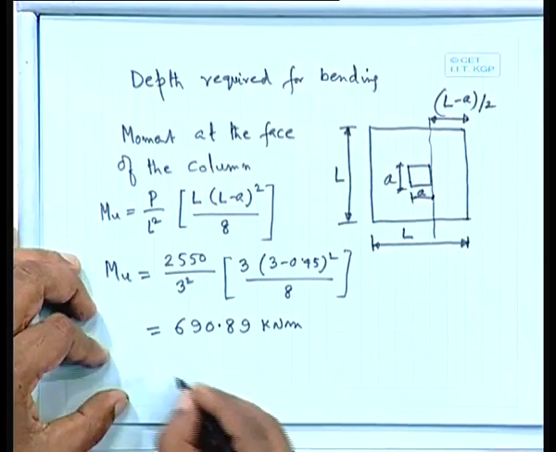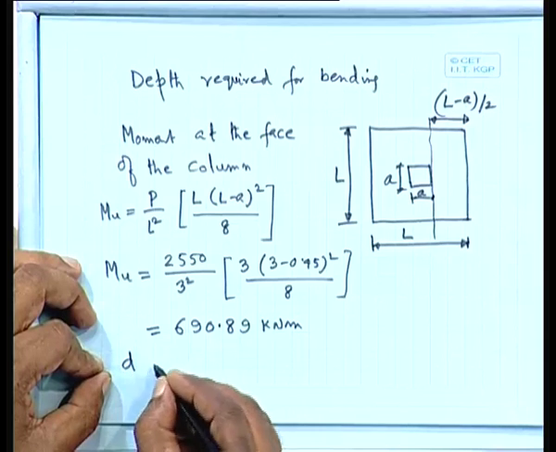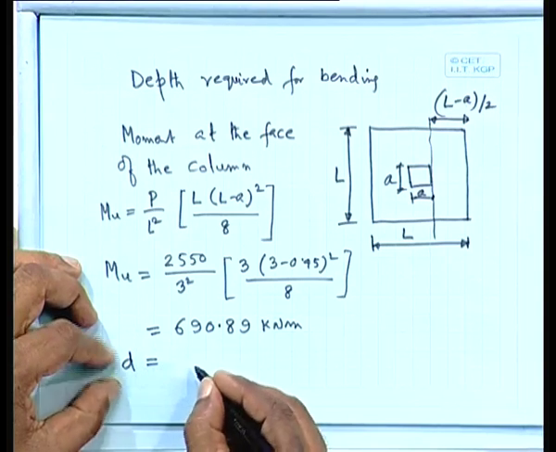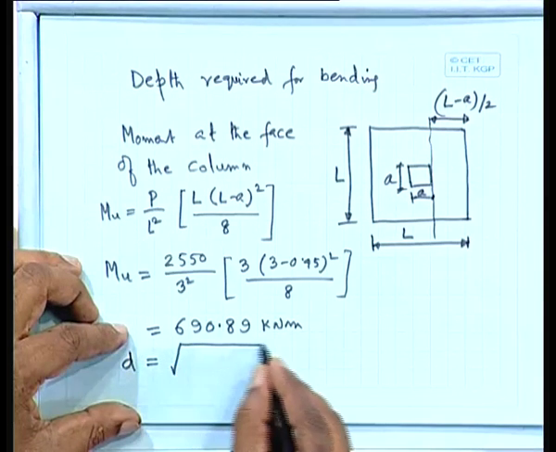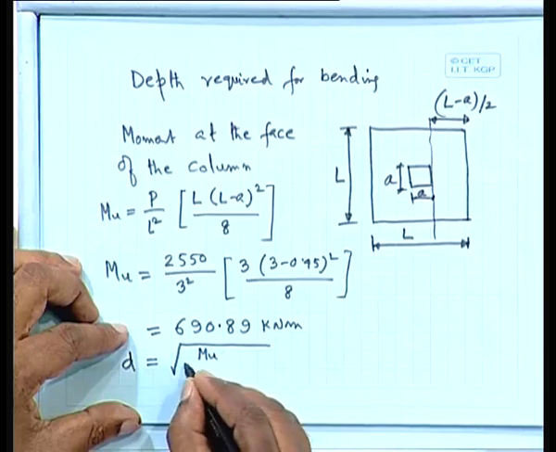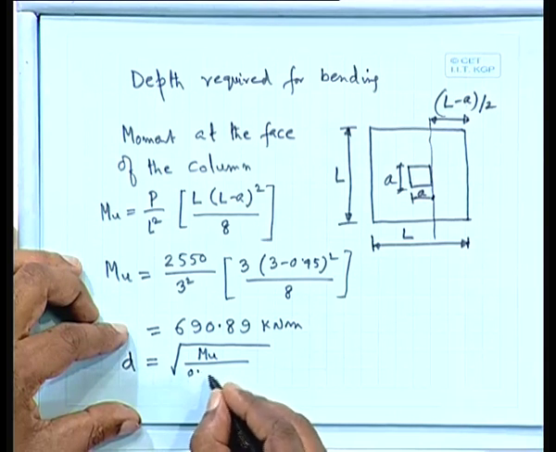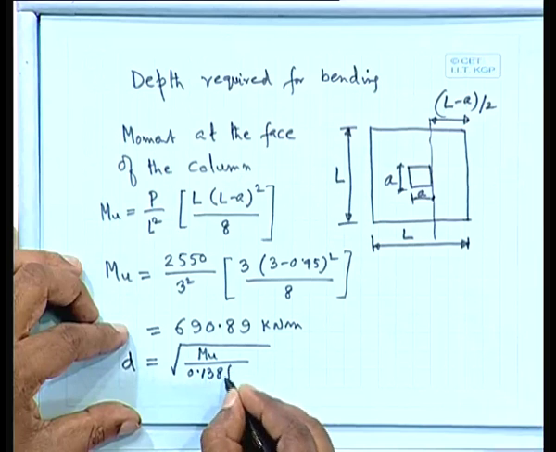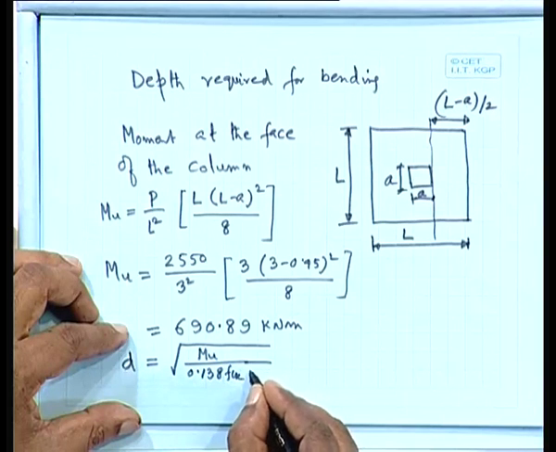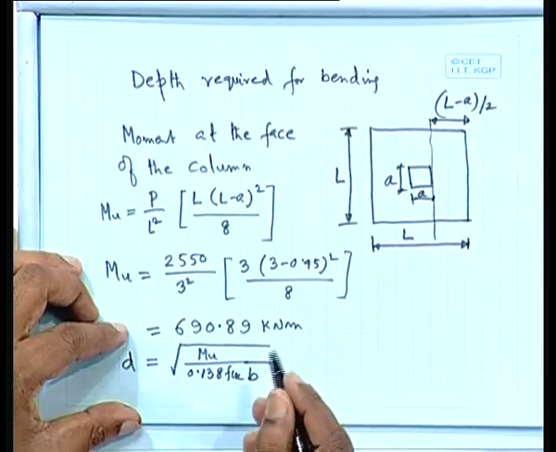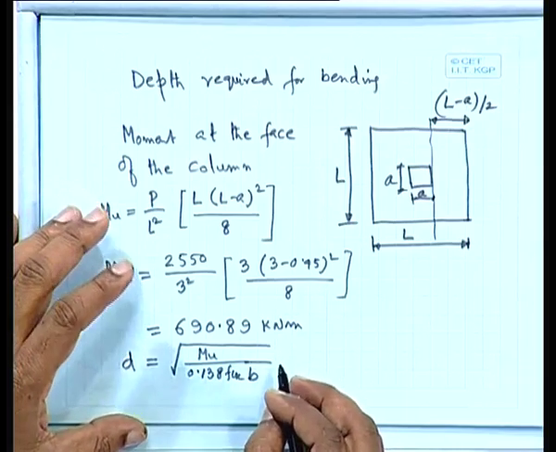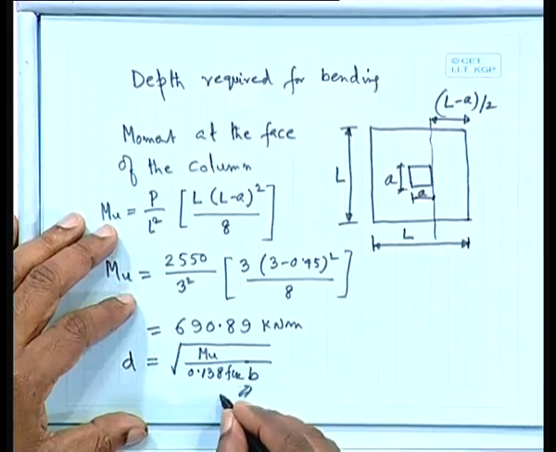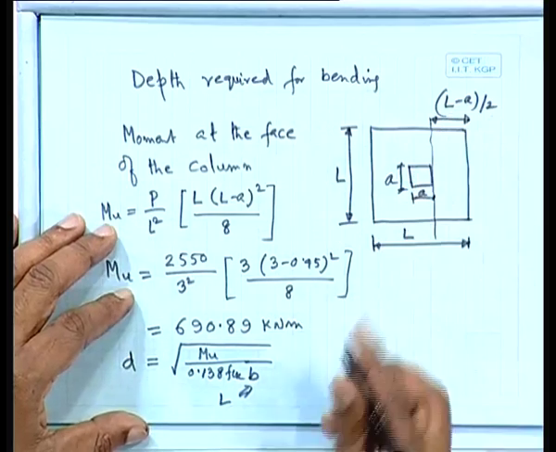Therefore, we can write down d here itself. D will be equal to the same formula, mu by 0.138 fck times B. B is nothing but L, because we are talking about that L here.